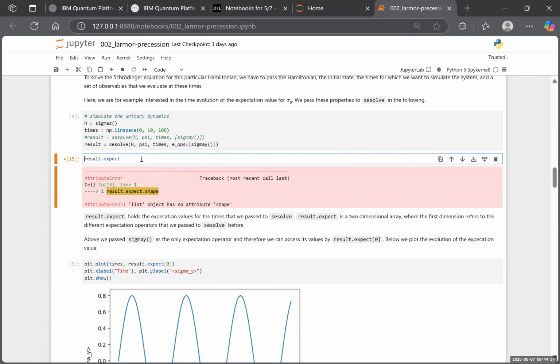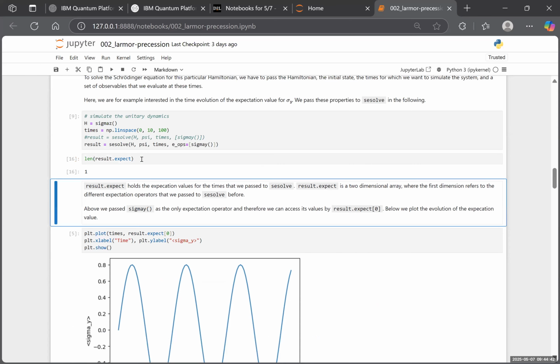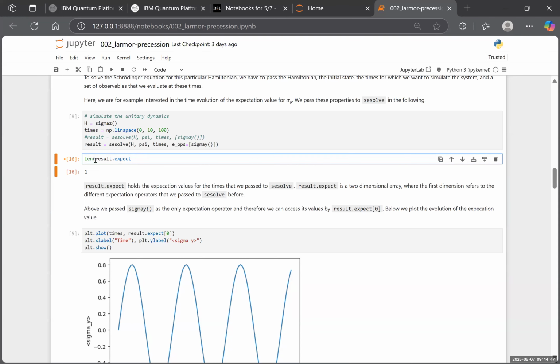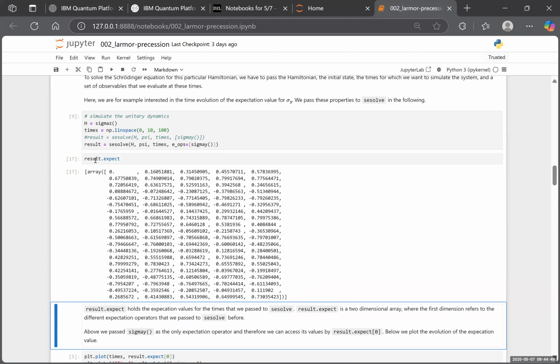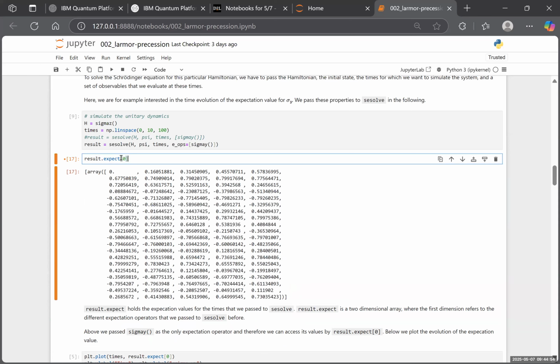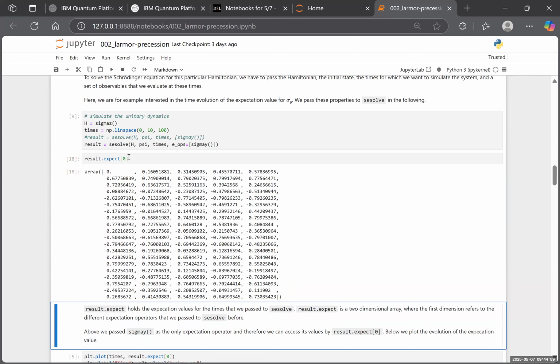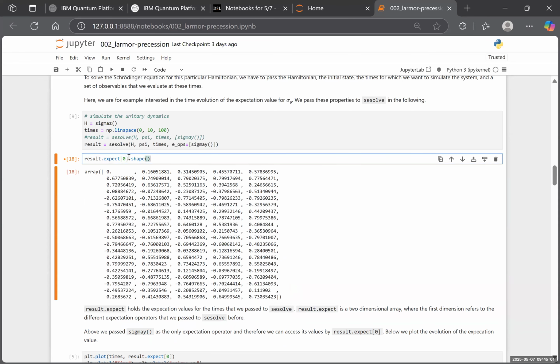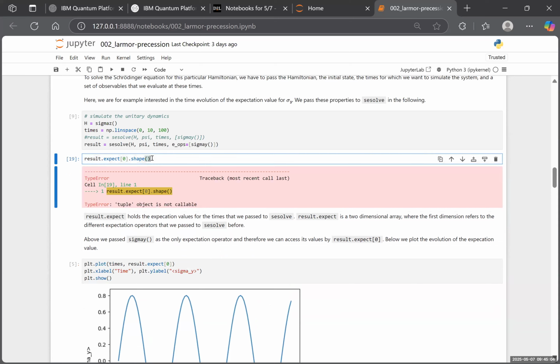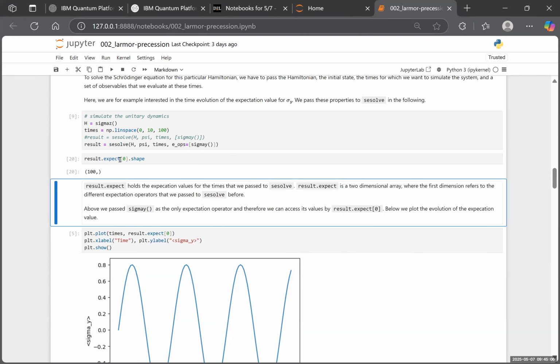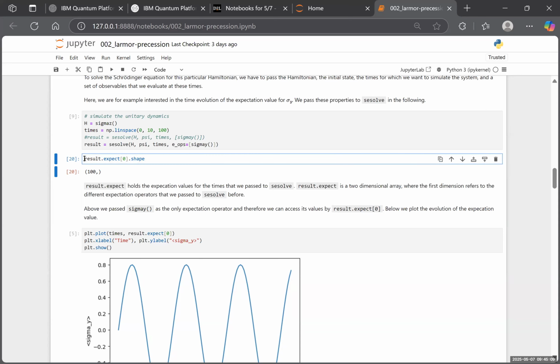So this is the length. Oh, yeah, so this is inside the array. I thought you could just use size, right?